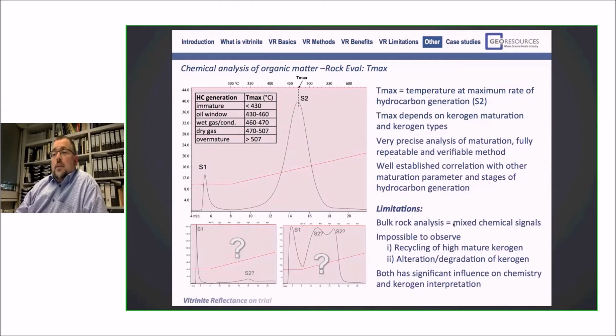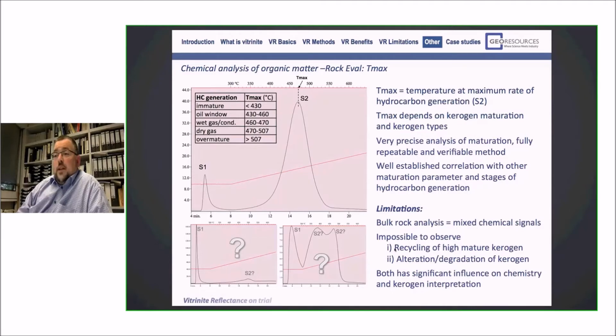So we analyze the whole mix of organic matter that is present in this one rock sample. So we get a mixed chemical signal from the different parts of the kerogen, the different types of preservation, the different types of chemistry depending on the different particles, but also the different types of maturation from the different parts of the kerogen. And in chemical analysis, this mixture is impossible to observe.